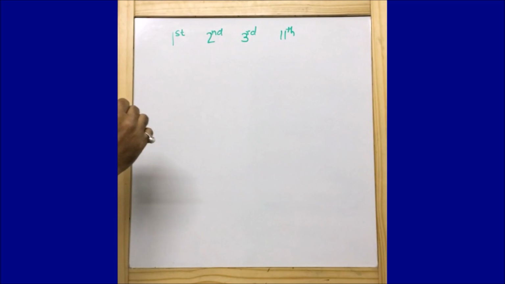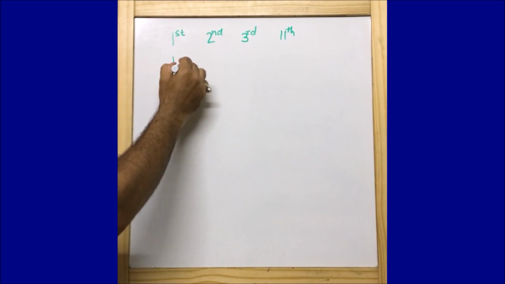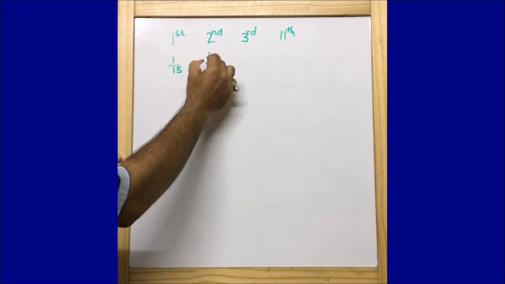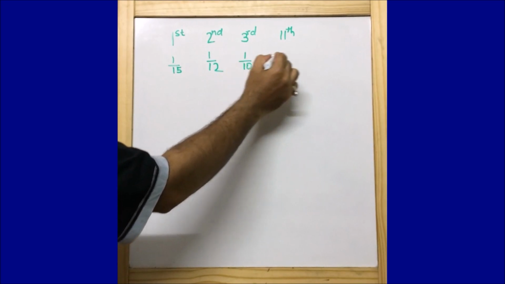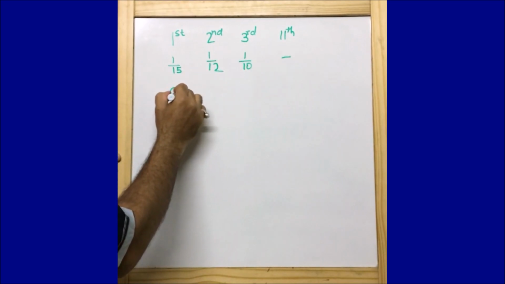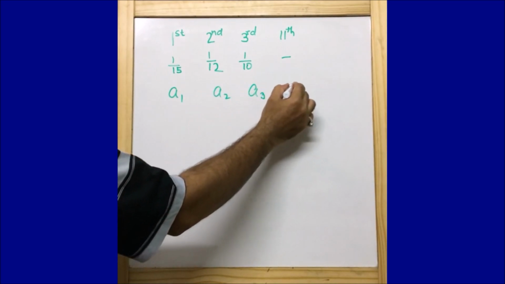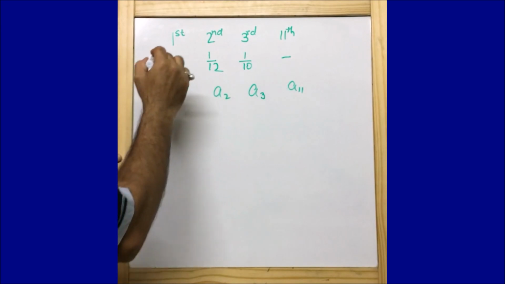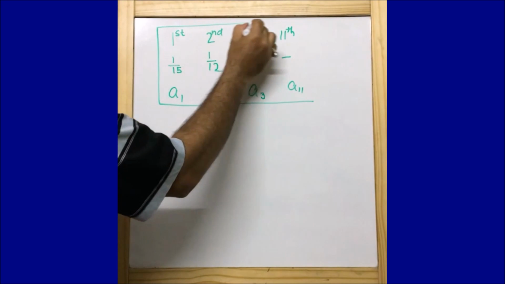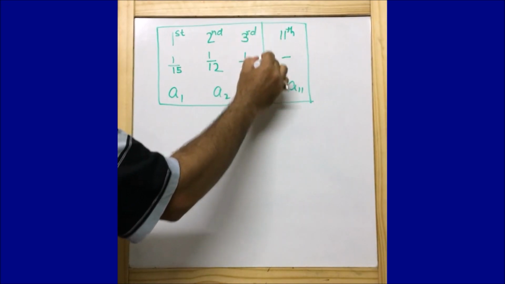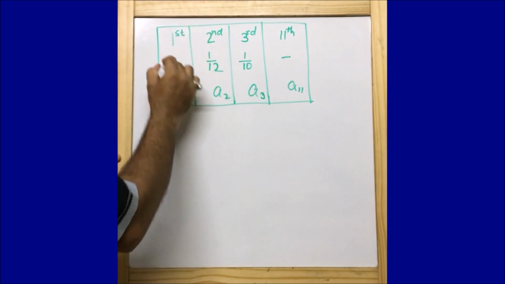The first term is 1/15, the second term is 1/12, the third term is 1/10, and the 11th term we don't know: A1, A2, A3 and A11. Let me quickly draw the table so that we will not get confused among the data.